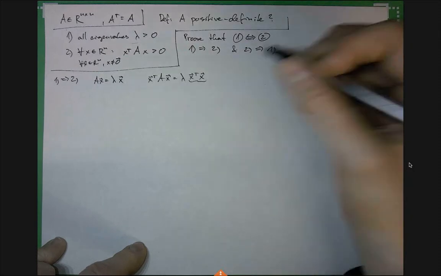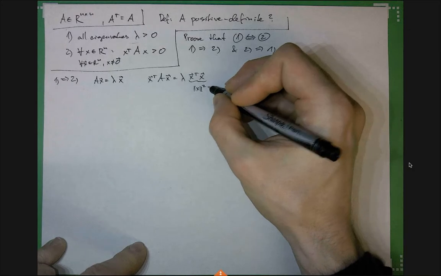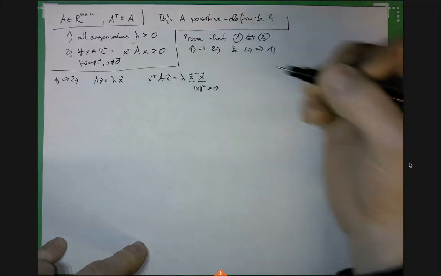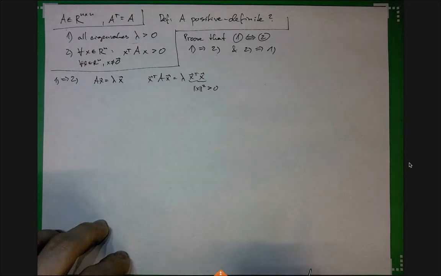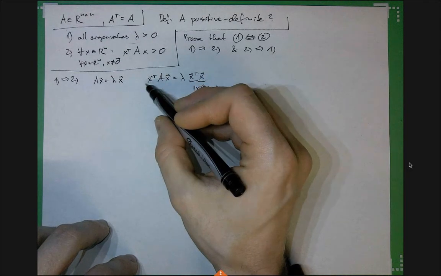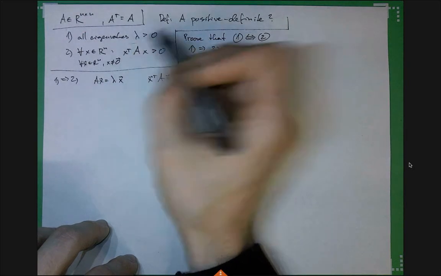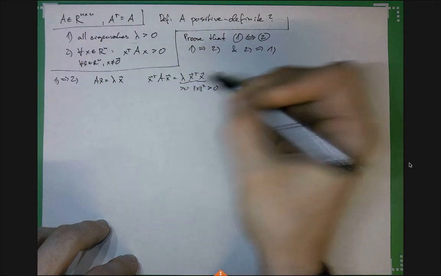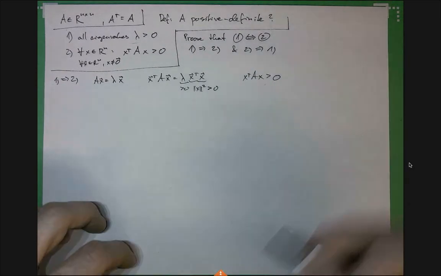If it was norm 1, yeah, or its length squared, which would be something positive, right? Because eigenvectors cannot have norm 0. So that then proves that x transpose A x is lambda times that, and because we now assume that lambda is greater than 0, then of course x transpose A x is also greater than 0.